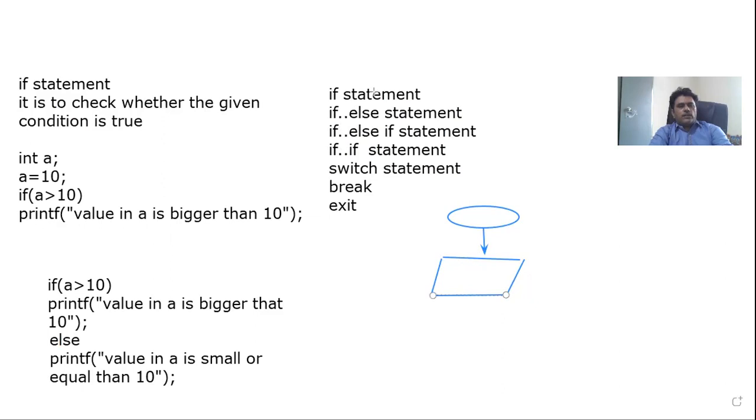So here I will take some input. After taking the input, the flow has to go here. If you want to check a condition, you have to use the diamond symbol.